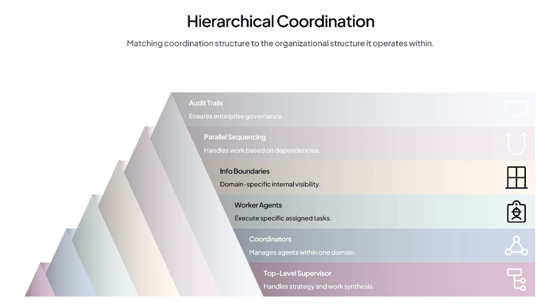We have information boundaries, which are domain specific for internal feasibility. We have worker agents, which execute specific assigned tasks as they are designed. We have coordinator agents, which manage agents within one domain. And we have the top level supervisor, which handles strategy and work synthesis. So you can see the hierarchy.